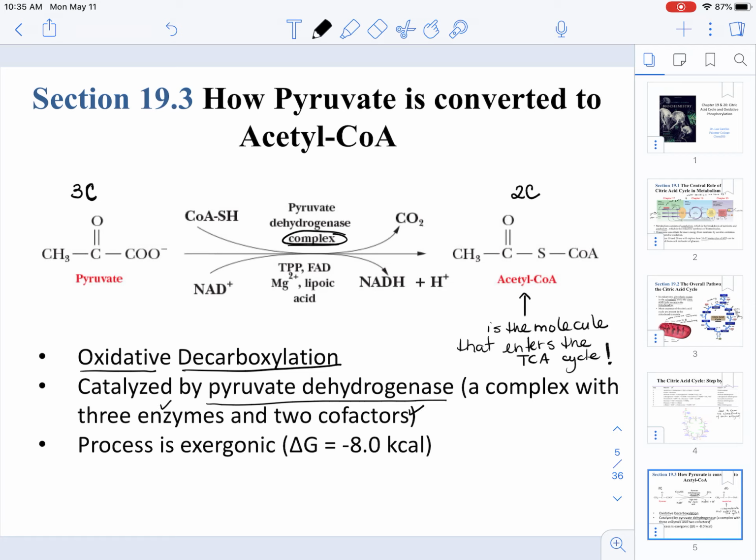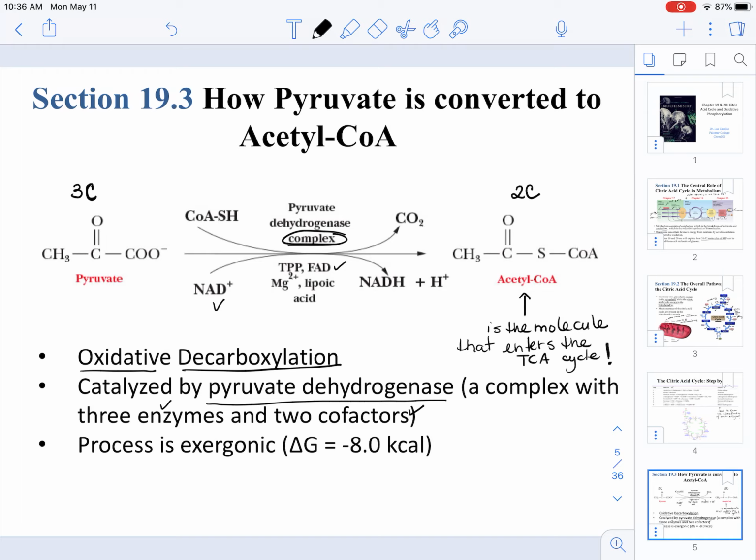So as you can see here, we have FAD, which is a nucleotide derived molecule that is involved in the reaction. We have, and this is a coenzyme, NAD, that is going to, as you can see, be reduced to NADH.